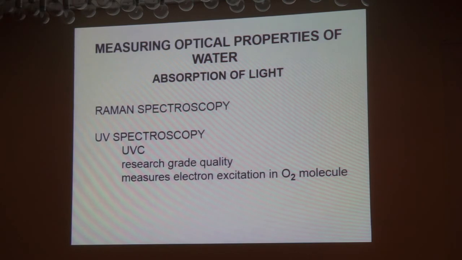I'm doing this historically in the sequence that my original experiments were done, with ultraviolet spectroscopy because I happen to have access to one, and the point being that ultraviolet spectroscopy measures the excitation of electrons in trapped gas in the water, oxygen primarily.